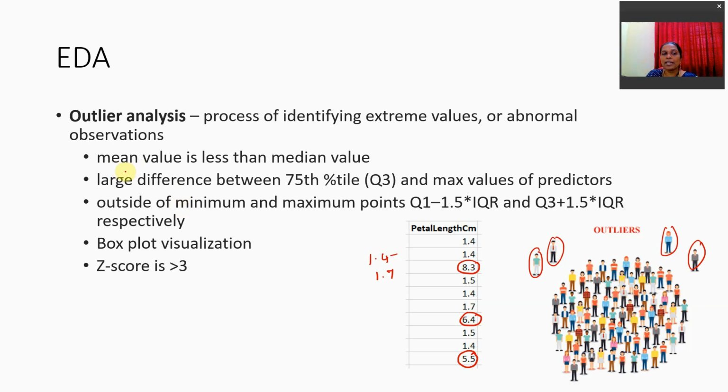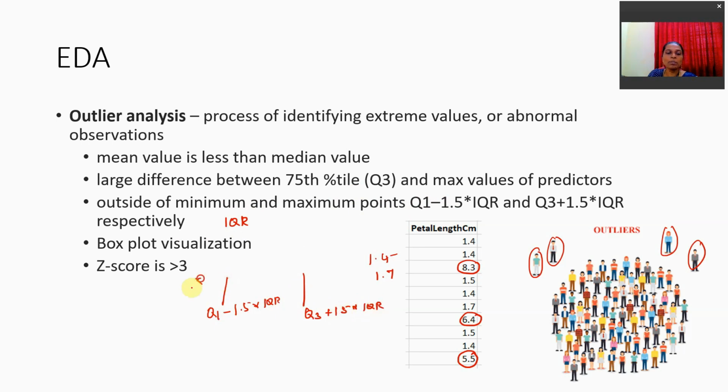The outliers can be identified by checking whether the mean value is less than the median value, or if there is a large difference between the 75th quartile and the maximum value of that particular column, or you can use the concept called IQR, interquartile range. In that, the lower boundary value is Q1 minus 1.5 times IQR, and the upper boundary is Q3 plus 1.5 times IQR.